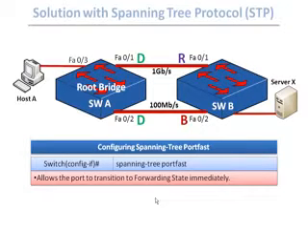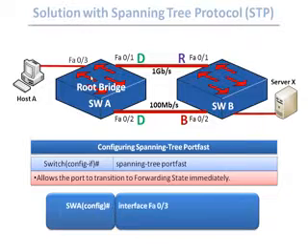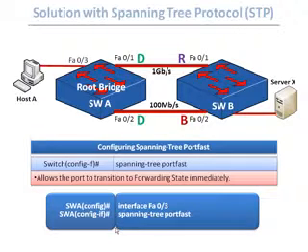So in our case, if you want to configure PortFast on host A and we don't want to make it wait, we would have to go into global configuration mode and go to the interface that is connected to host A. In our case, the interface is F0/3. That is why I'm typing the command interface F0/3, which will take me to the config-if submode, the sub-interface. And then I'm just going to type the command spanning-tree portfast.